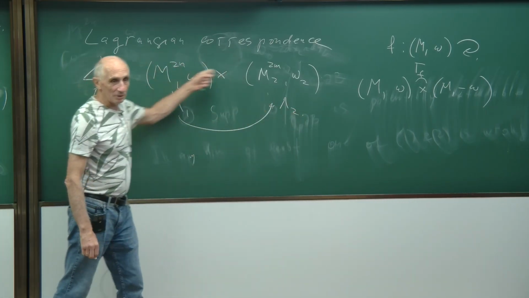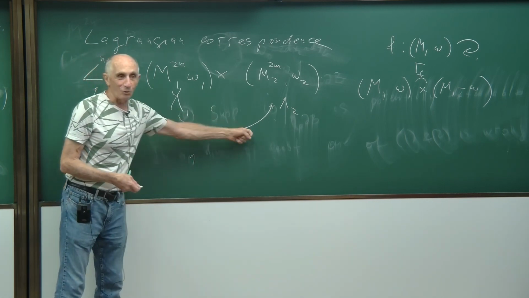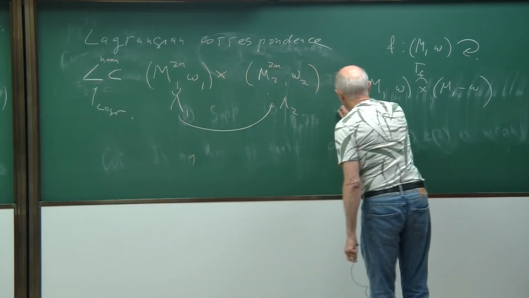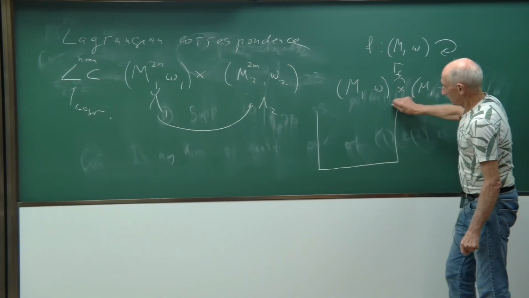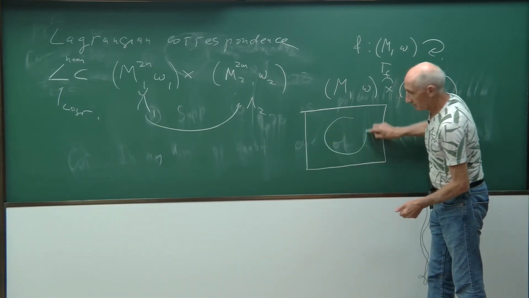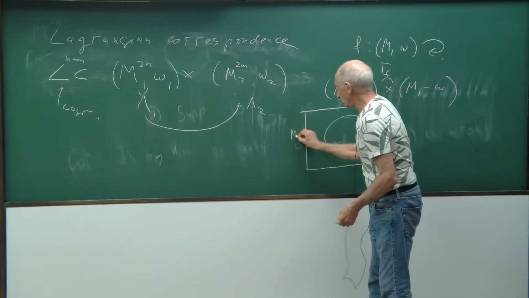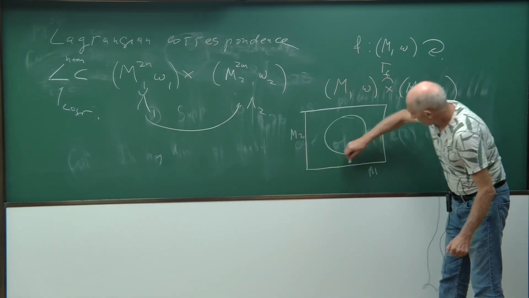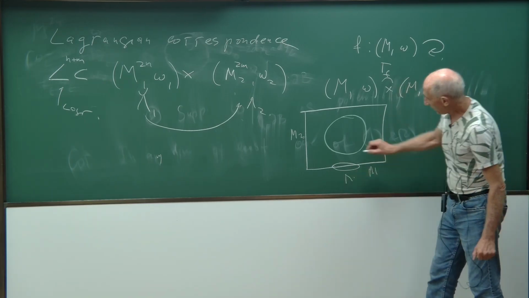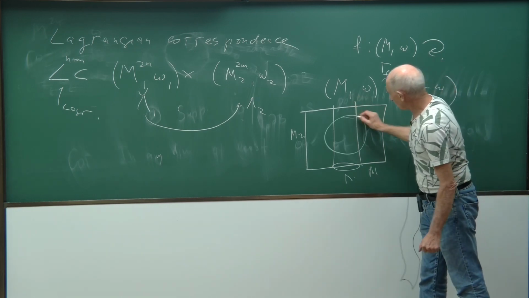It will allow me, not all, but almost all. So what do you do? This is our product, and this is our Lagrangian L, and this is M1, and this is M2. So you take this lambda, and take a product of lambda with M2.